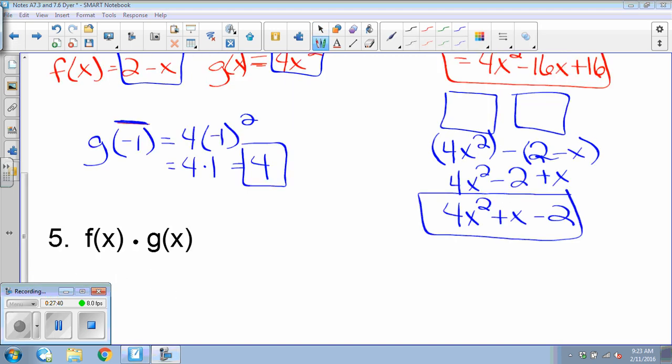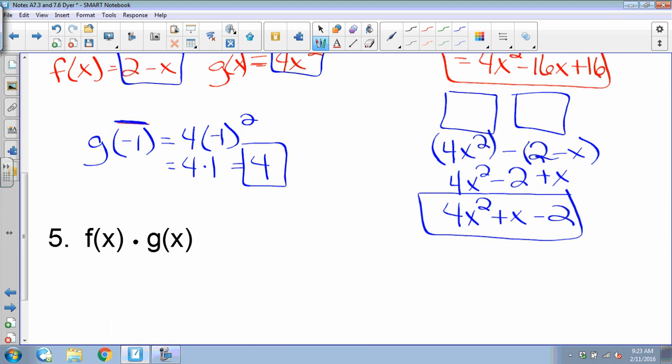Okay, for number 5, the directions are saying f of x times g of x. So f of x is 2 minus x, so it's 2 minus x times g of x, which is 4x squared. So that's multiplying, so that means we're going to distribute. What are we going to distribute?